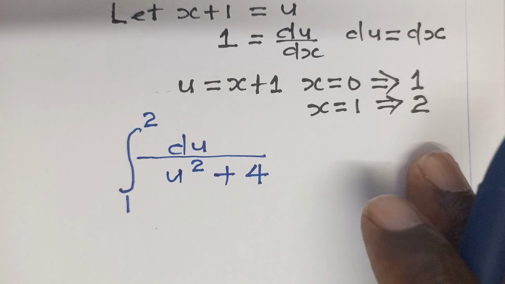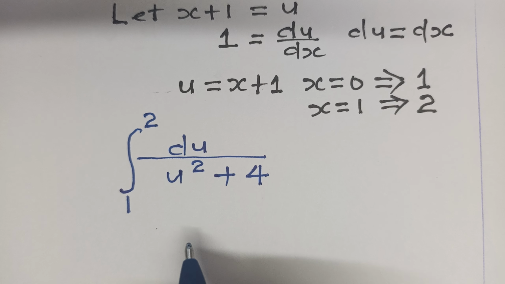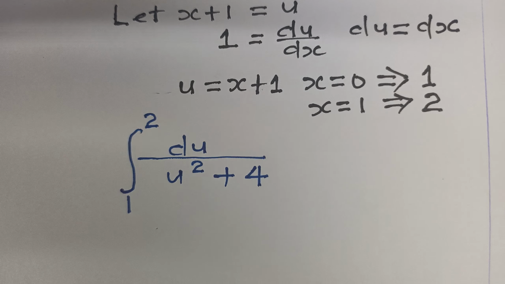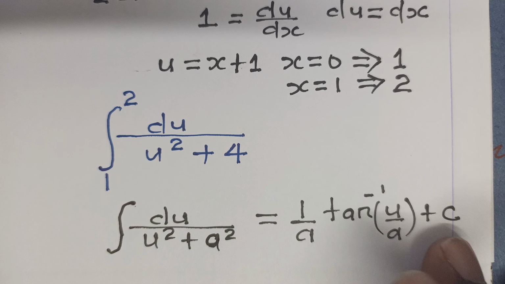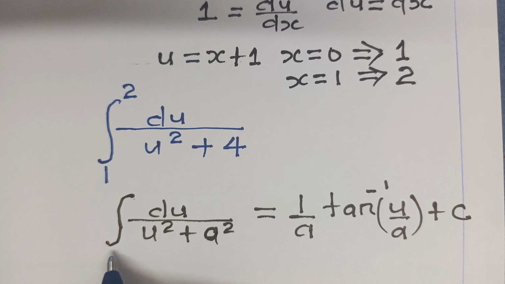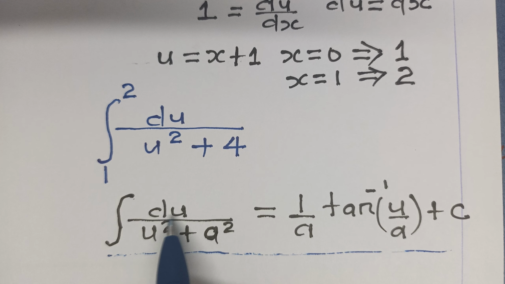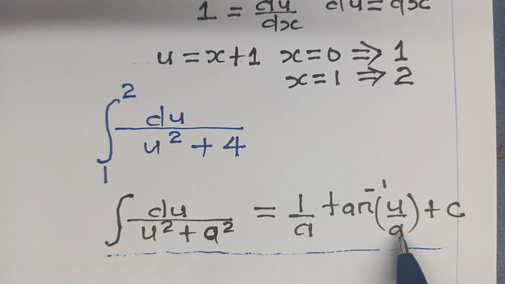With that, we can look at the integral for this term. From our mathematical tables, we have the integral of du over u squared plus a squared is equal to 1 over a tan inverse of u over a plus c.